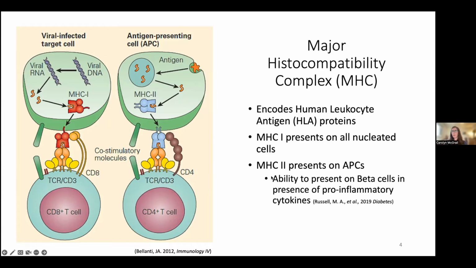While MHC class 2 is present on all antigen-presenting cells, and that is the mechanism by which it typically will signal infection after some sort of environmental exposure, it's also thought that it might have the ability to present on beta cells in the context of a pro-inflammatory environment, or also on endothelial cells. So these are things that we wanted to look into as well when we were trying to identify additional non-coding risk variants, to see whether they are active in these other cell types.